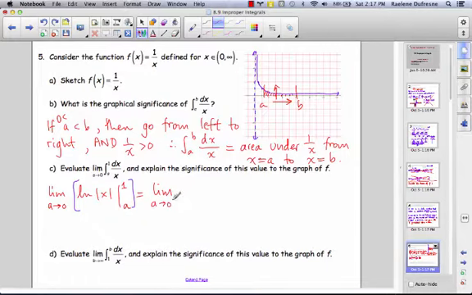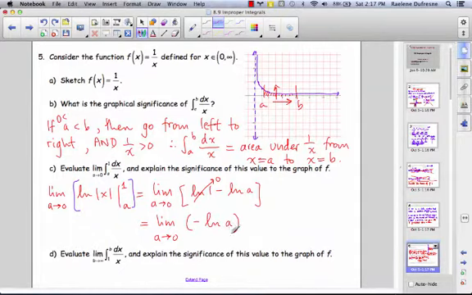So the limit as a approaches 0 of the ln of 1 minus the ln of a. And we're going to be taking a and b to be greater than 0, so we don't need the absolute value signs around a. We know that the ln of 1 is equal to 0. And so we have the limit as a approaches 0 of negative the ln of a.